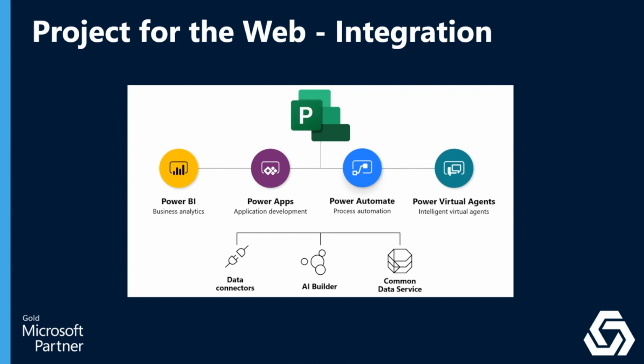You've also got access to virtual agents and Power BI as well. So the integration potential, whilst Project for the Web looks quite simple itself, it's a very, very powerful tool. And built with other technologies like you see on the screen here, you can build complex enterprise-wide project portfolio management systems and resource planning systems.